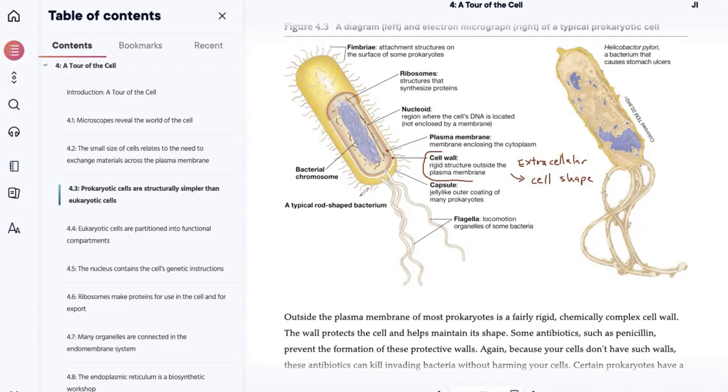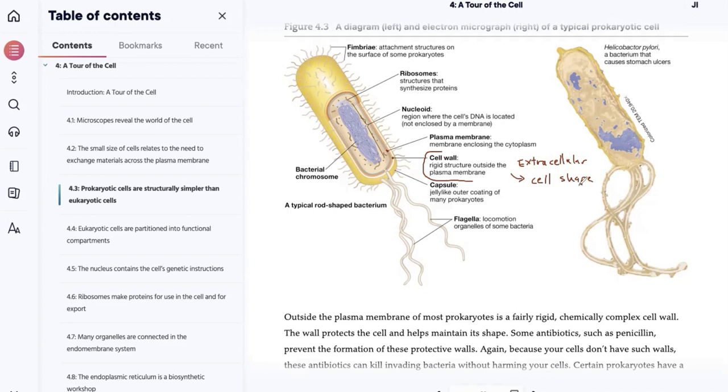Okay. Why is the cell shaped like a little cylinder? Well, it's because the cell wall is shaped like a cylinder. If you took the cell wall away, which is rigid, the cell would lose its shape. It would basically become like a little blob, right? Some cell walls are circular or spherical, and some cell walls are kind of long and spirally.